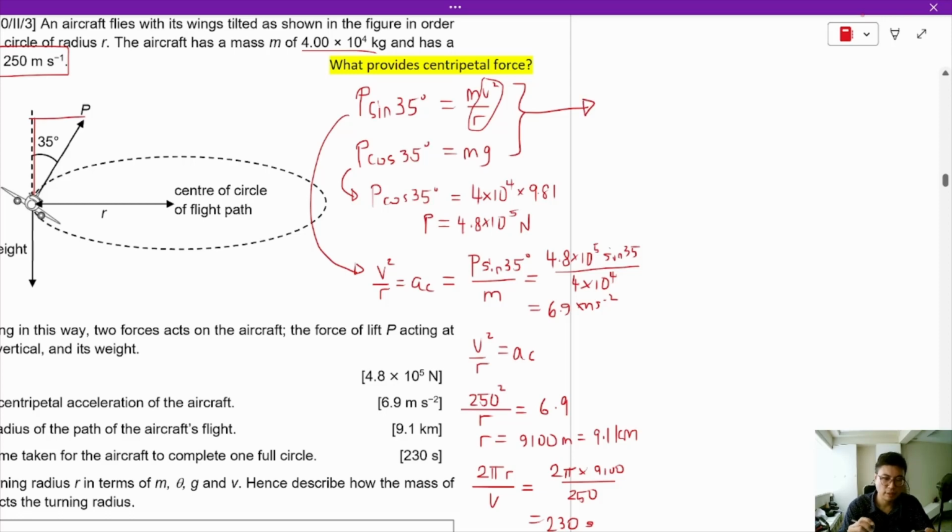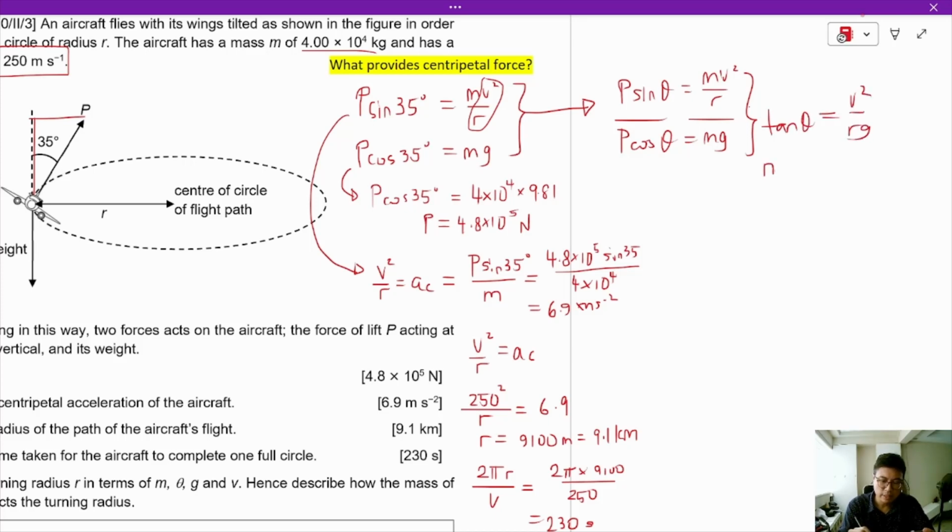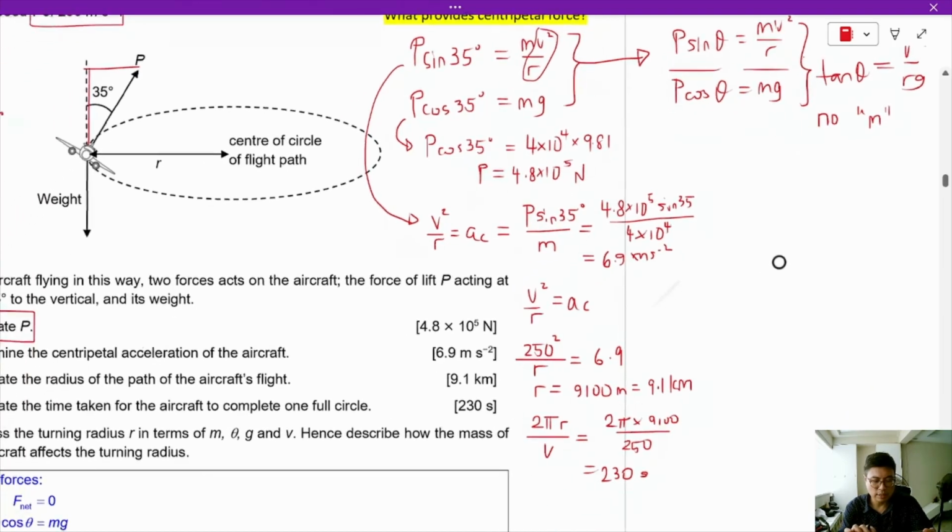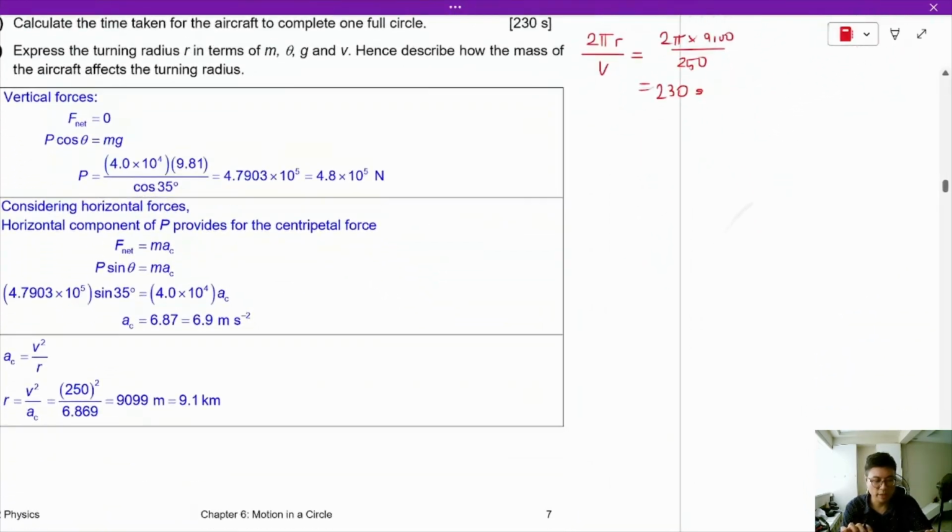If we use P sine theta equals mv squared over r, and P cos theta equals mg, then we do an abracadabra, and we get tangent theta equals v squared over rg. And you find that there is no m in the equation. So what this means is that the turning radius is independent of the mass.